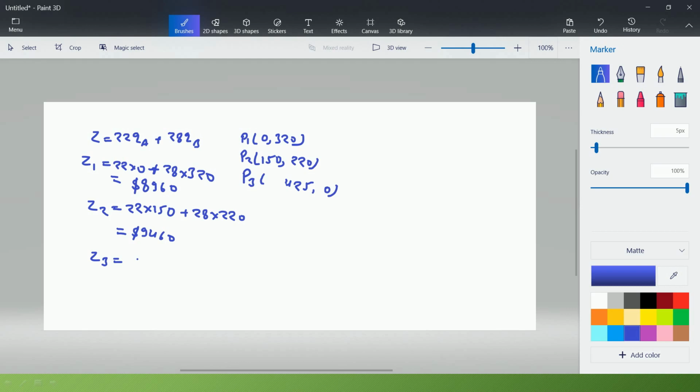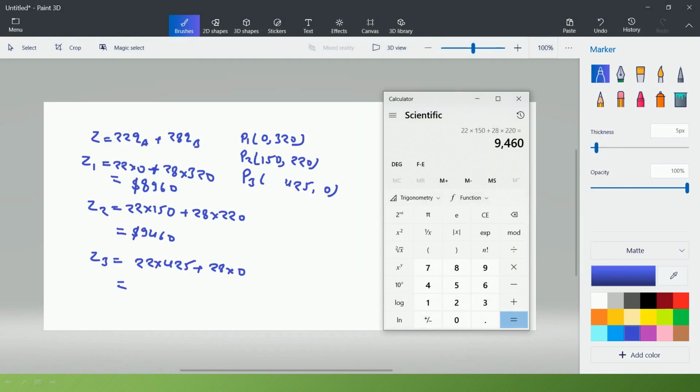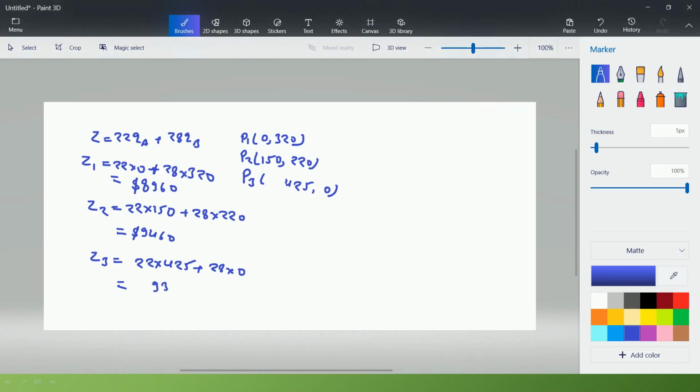So 22 multiplied by 425 plus 28 multiplied by 0 equals 22 multiplied by 425, which is 9350. Okay. So the maximum profit is coming for the second point.